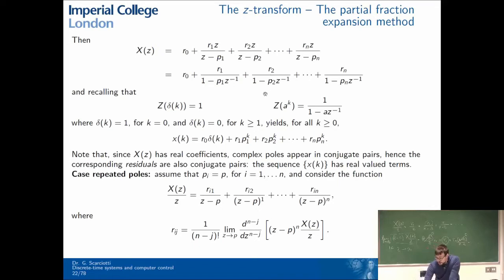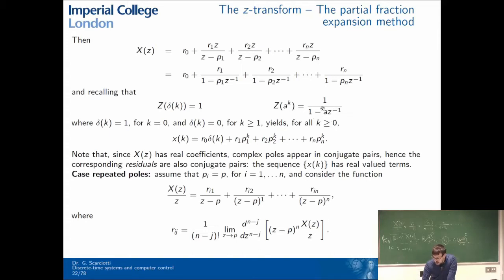And now we recognize that these are z transforms that we know. They are simple z transforms. In particular, the z transform of this type of term is the z transform of the power function. So we see here that the z transform of a power k is equal to this type of function.